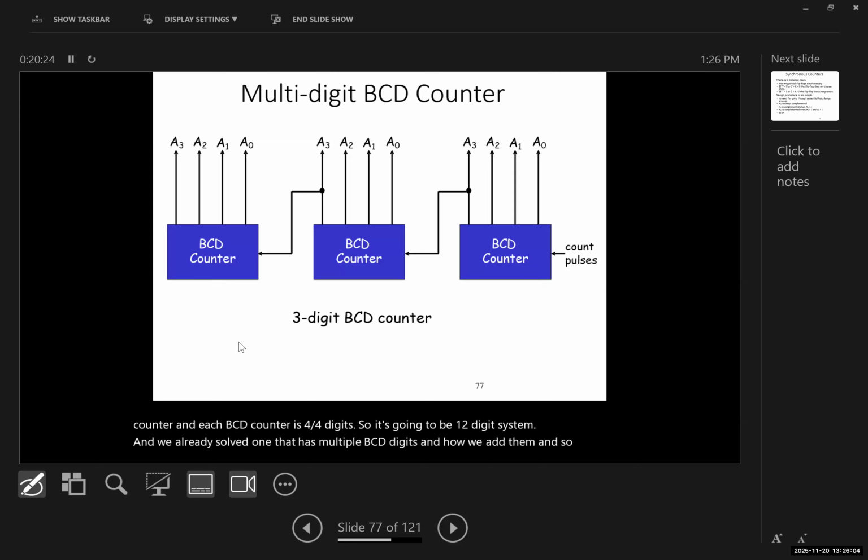The reason that I put this here is that these BCD counters come in a single IC, so you don't need to connect those flip-flops together to create a BCD counter. It already comes in an IC that you just need to connect the clocks and the inputs and the outputs, which are the BCD numbers.